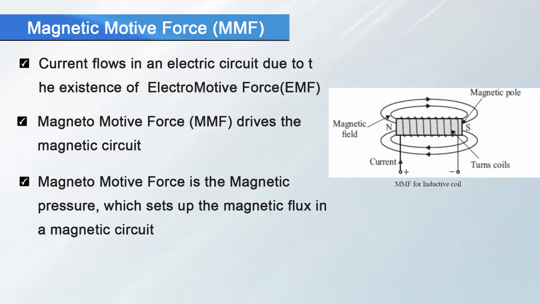In order to study the magnetic circuits, we should know the behavior of the ferromagnetic materials. Magnetic permeability, as you know, is given as B equals mu into H. It is observed that the permeability of the ferromagnetic materials is very high, up to 6,000 times the permeability of free space.